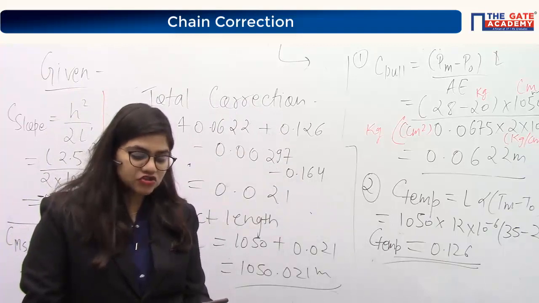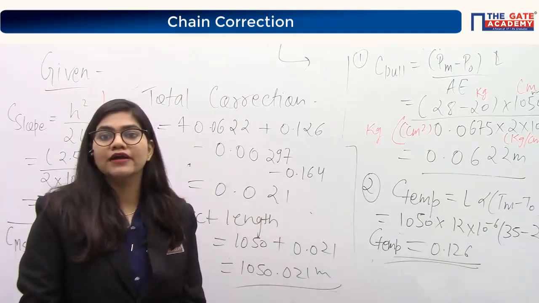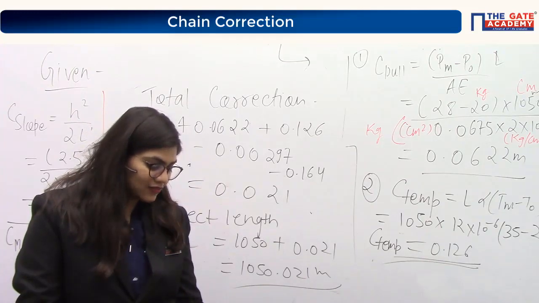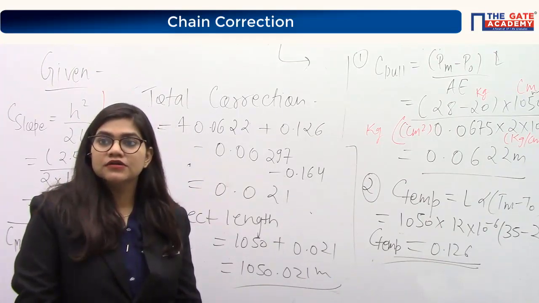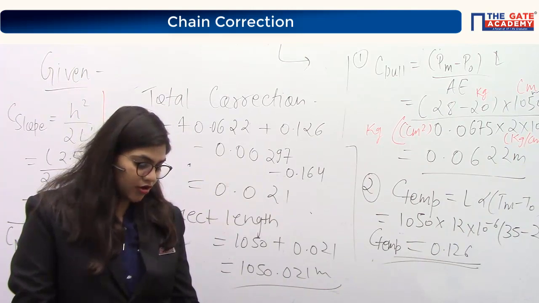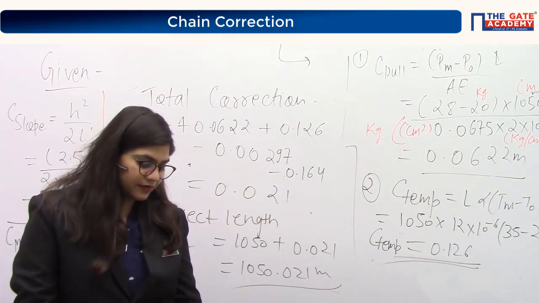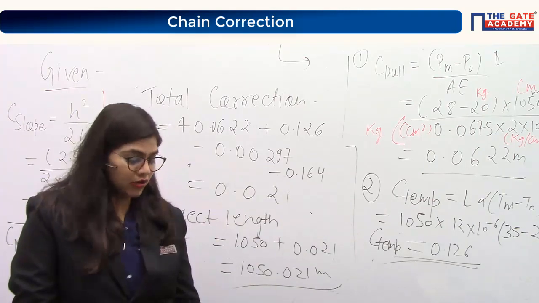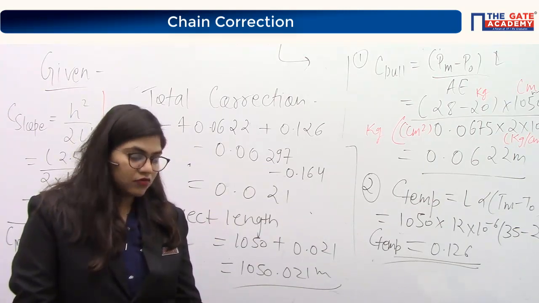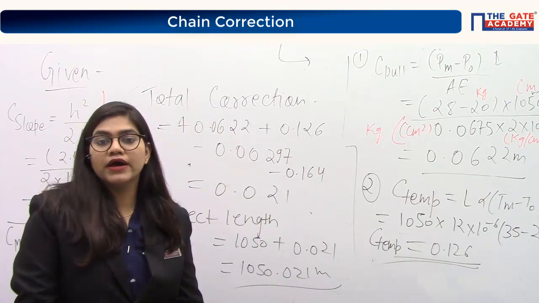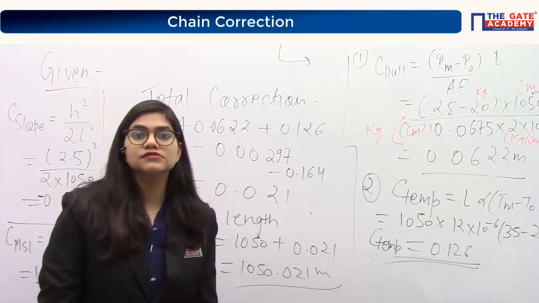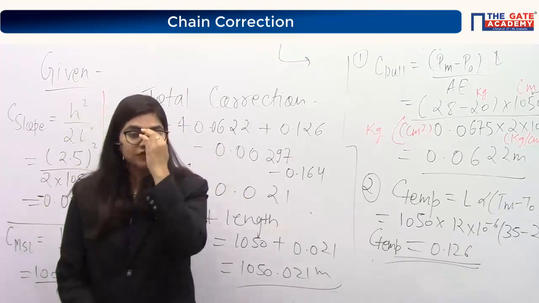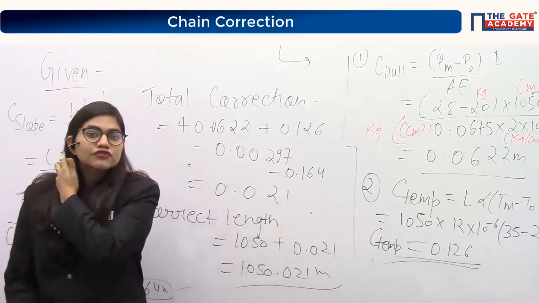The required slope correction for a length of 60 meter along a gradient of 1 in 20 is question mark.